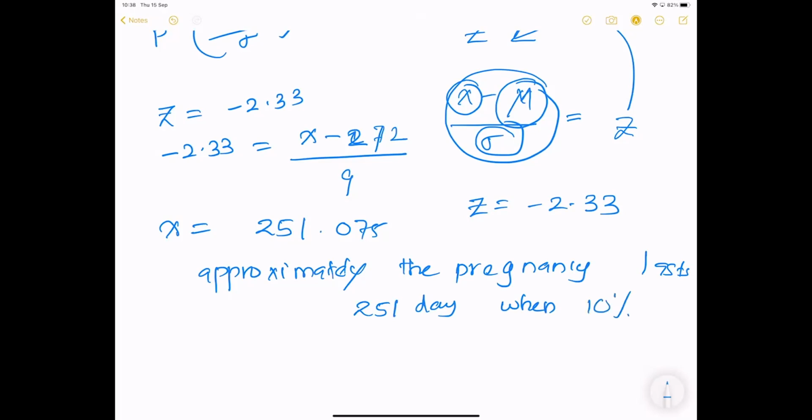That is how we can find the X value if they have given the probabilities.